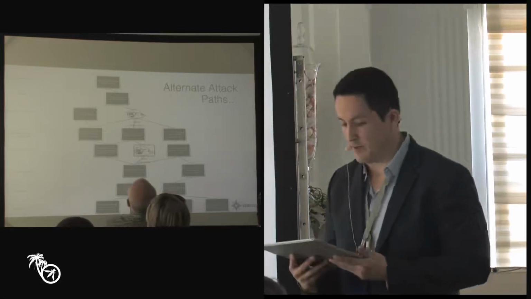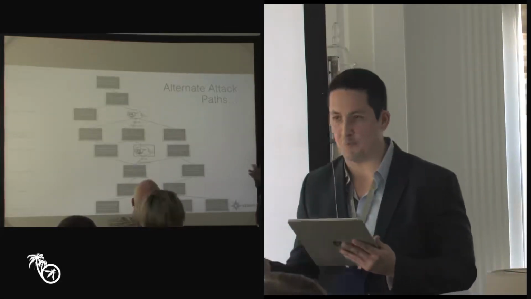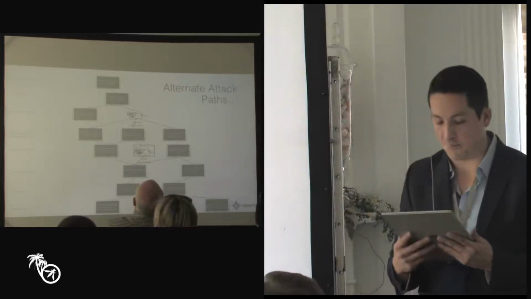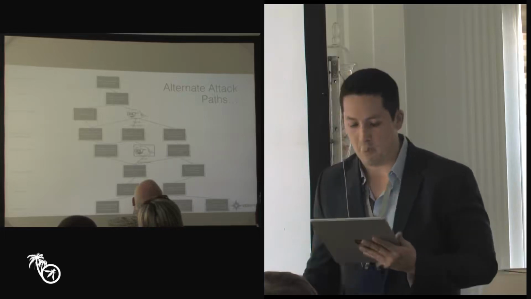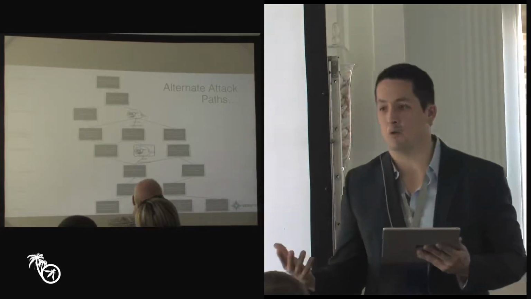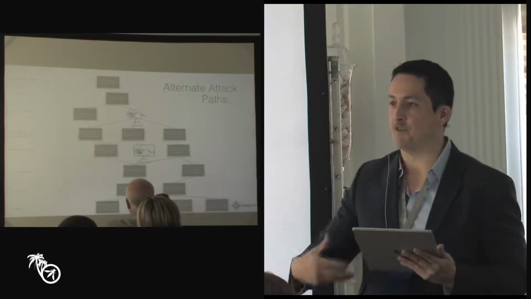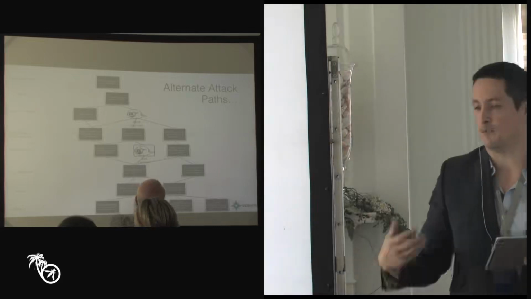This one is an alternate attack path, and it shows, as an attack tree should, multiple different ways to get to your end result. So this threat motive is, I want to steal drivers. Let's say I'm starting up an Uber service in China, and I don't want to have to do all the biz dev work of getting drivers and marketing and all that stuff. It's much easier.